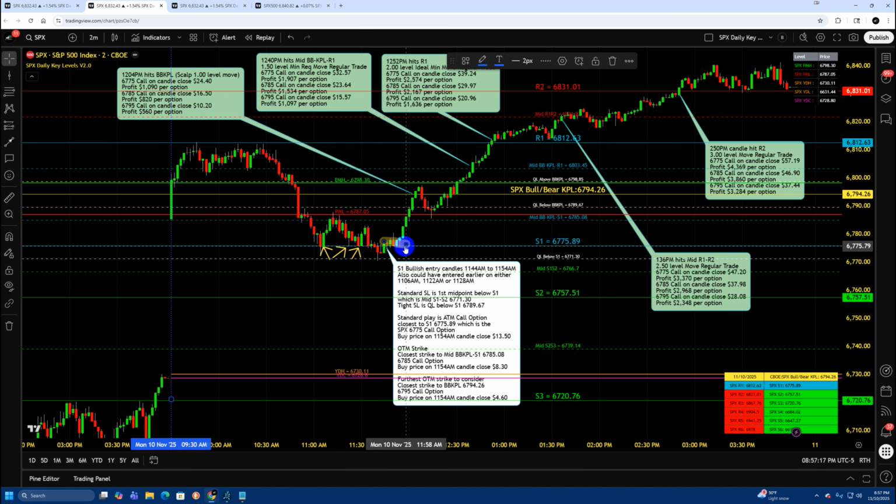This is based on the 11:54 a.m. candle. As you can see, if you entered on any of these candles, you were not stopped out on either of the stops. So if you re-entered after getting stopped out here, again, you would not have gotten stopped out a second time.